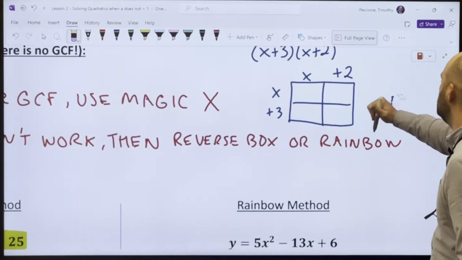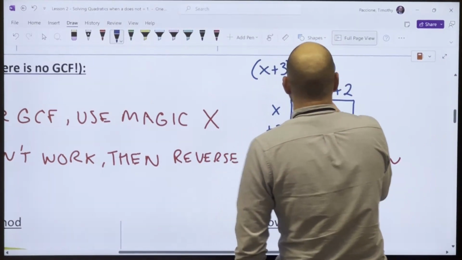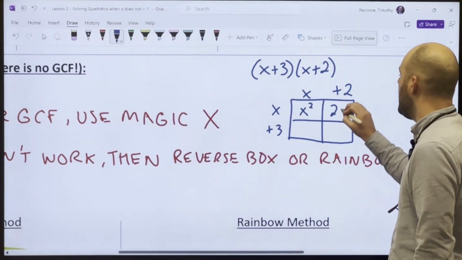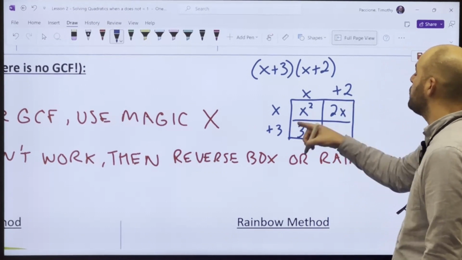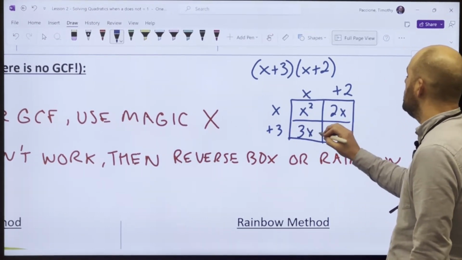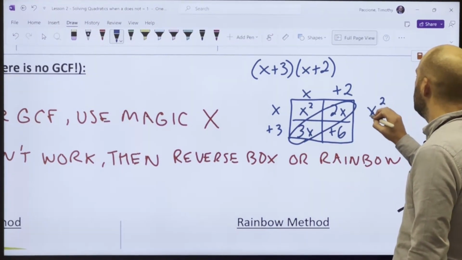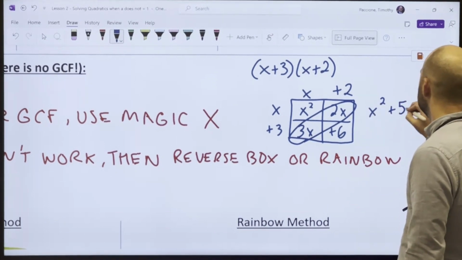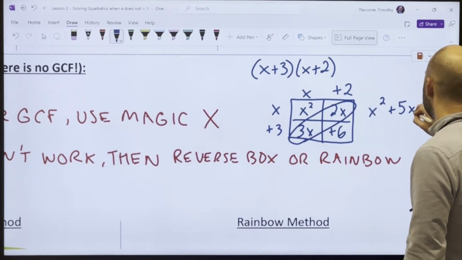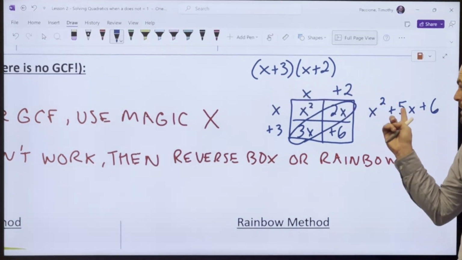And then you would fill in the boxes. You would go, okay, x times x is x squared, x times 2 is 2x, x times 3 is 3x, 3 times 2 is 6. These ones always come together, and I get x squared plus 5x plus 6, okay? That's when we're trying to go from intercept form to standard form.